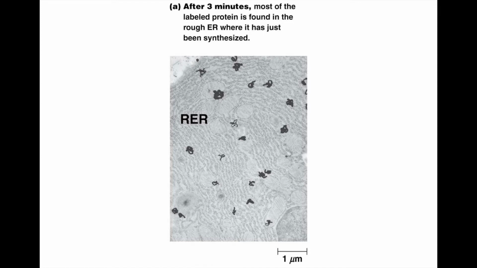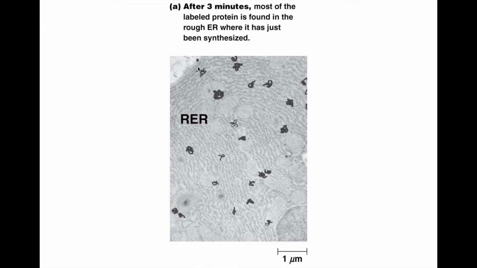How they have figured out a lot of this is by labeling proteins that are made on the rough endoplasmic reticulum with a radioactive amino acid, and then taking images of cells at different time points to see where those proteins are.